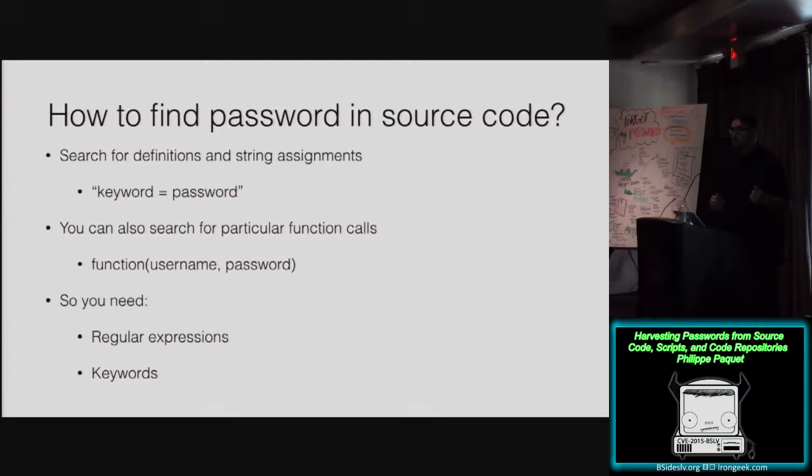It's very easy to develop. And unique keyword. If you're not familiar with regular expression, it's a way to match a specific pattern. So that keyword equal password is a specific pattern where you have one word, you have some space, equal, some space, and another word. The regular expression is going to be able to match that pattern and get you the information.